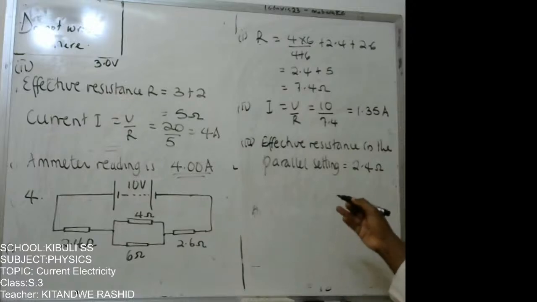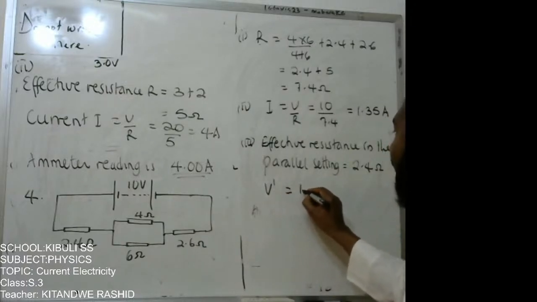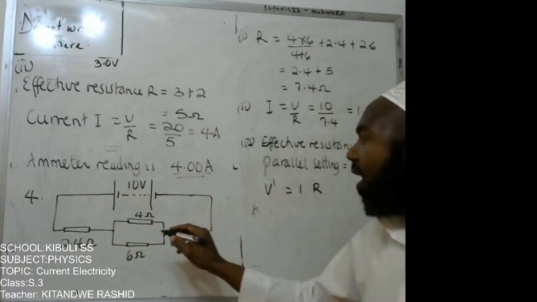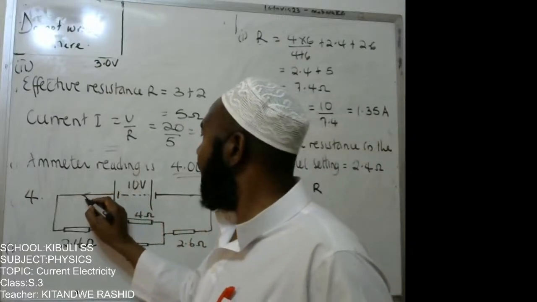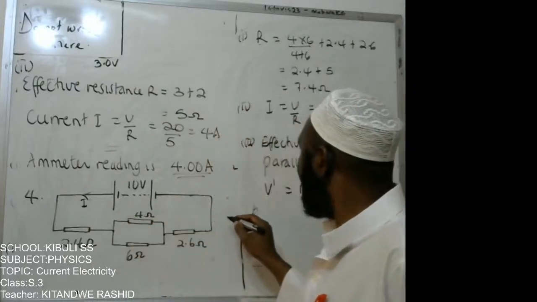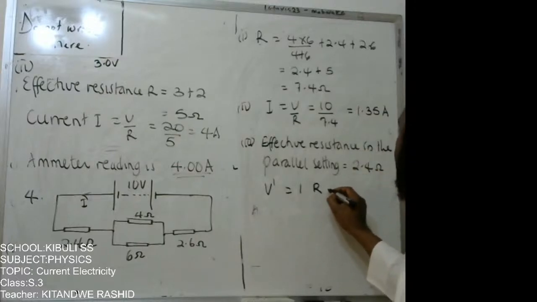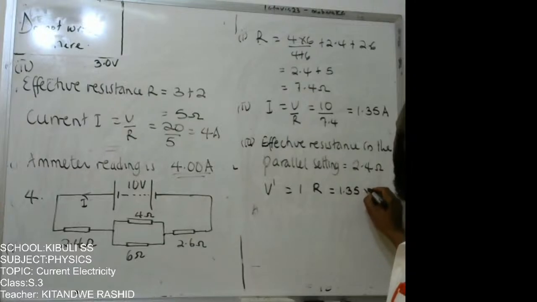So after getting effective resistance, therefore the PD in the parallel setting is going to be called IR. The current I is the supply current that entered. So the current I you had already calculated it as 1.35. So this is now going to be 1.35 times resistance in the parallel setting, which is 2.4.